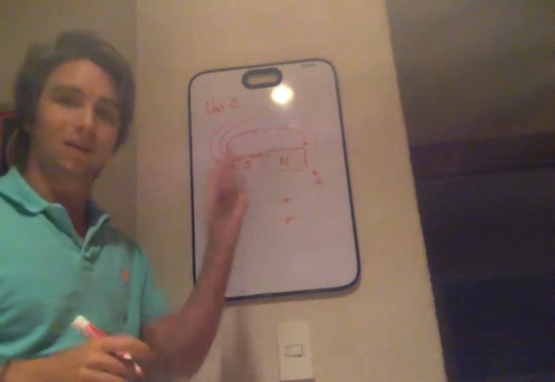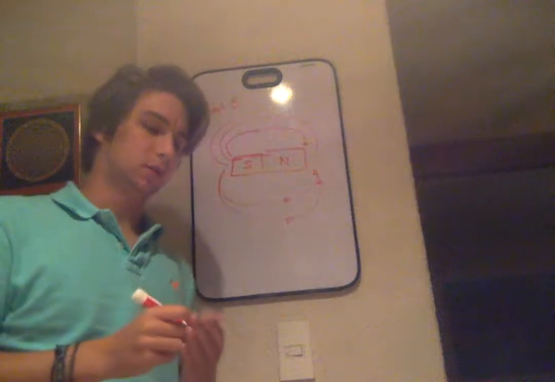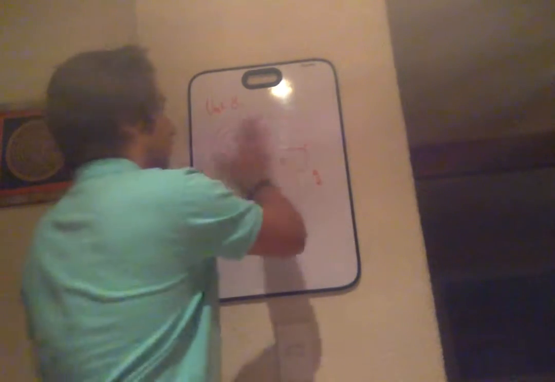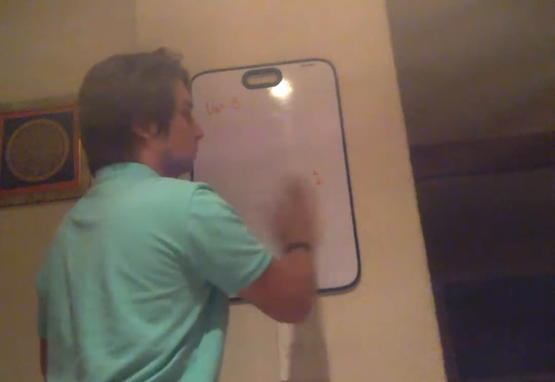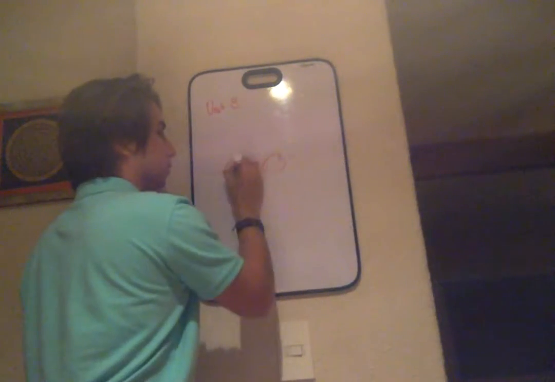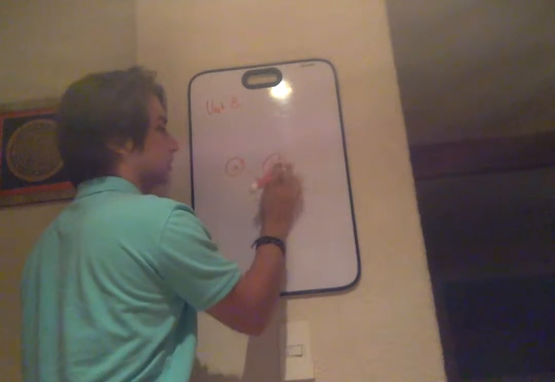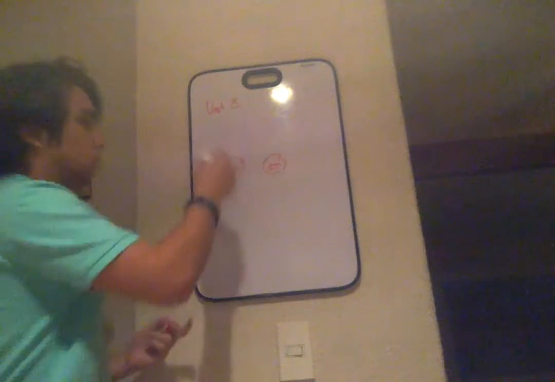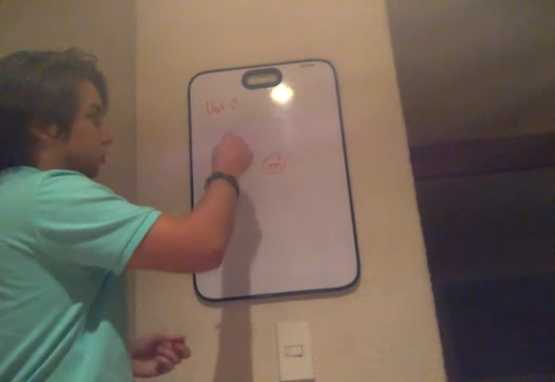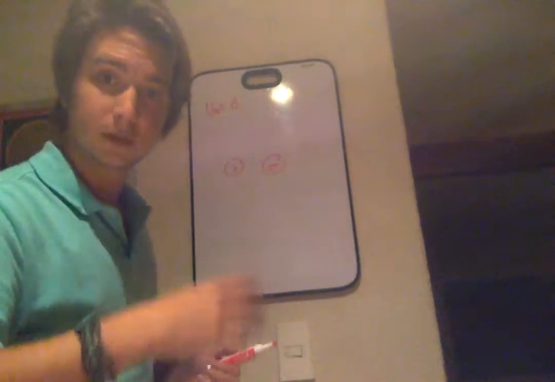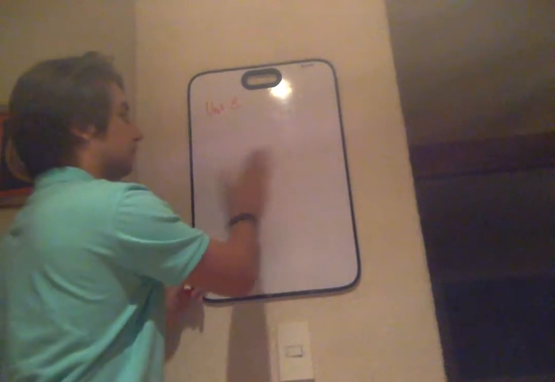That image is very similar to that of a charged dipole. Do you remember when we had the positive charge and the negative charge, and the charges in the positive try to go towards the negative one? It's very similar.